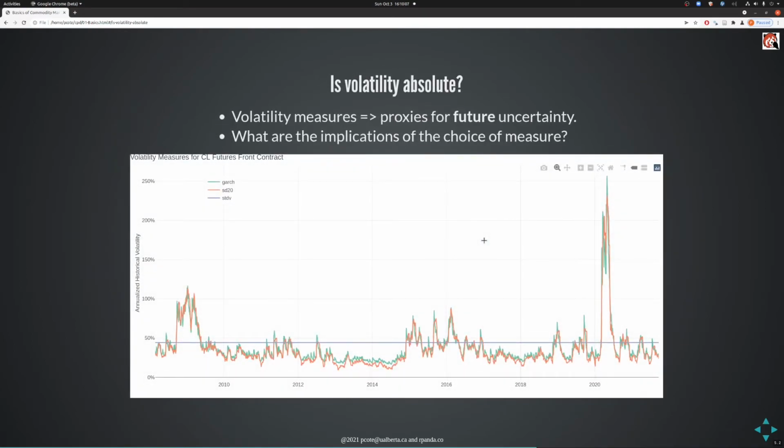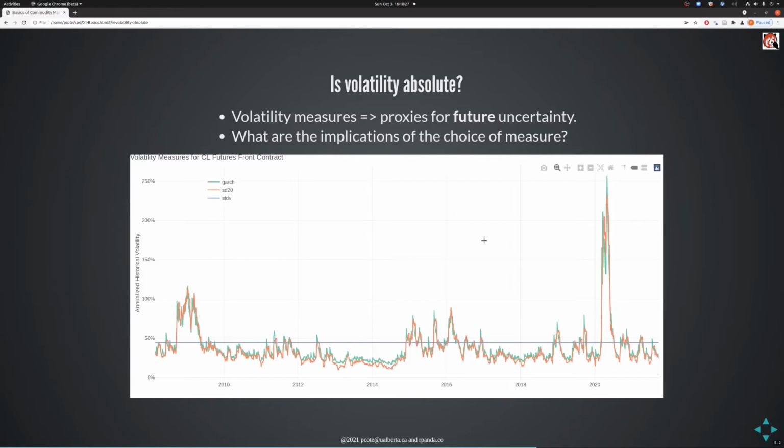So the first aspect around risk or uncertainty is how do we measure it? A commonly accepted measure for it would be volatility. So generally you might think about the standard deviation of the changes in market price from one period to another. Here we've got 3 different methodologies for measuring it.